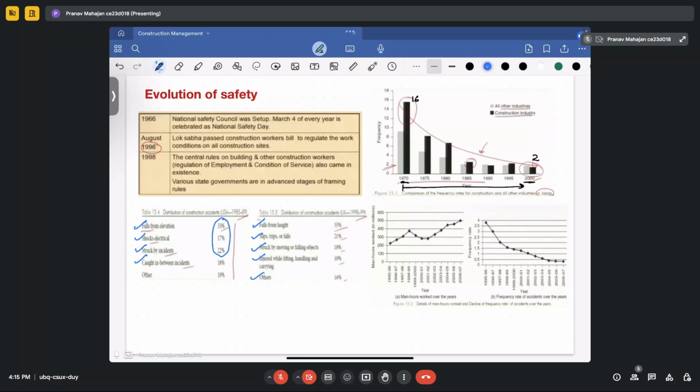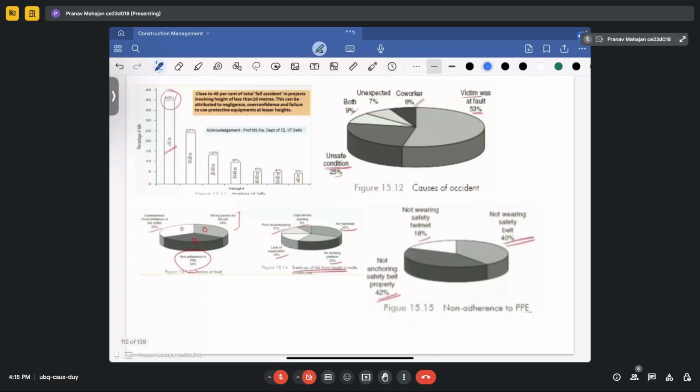However, the frequency rate at which accidents happen is decreasing year by year. Because of the rules and safety precautions we need to take at the site, casualties can be reduced with time, and if they are properly adhered to at the site, you can minimize them to even 2 to 3%.